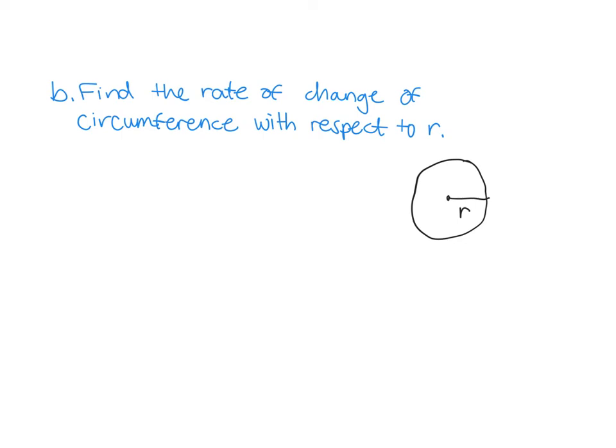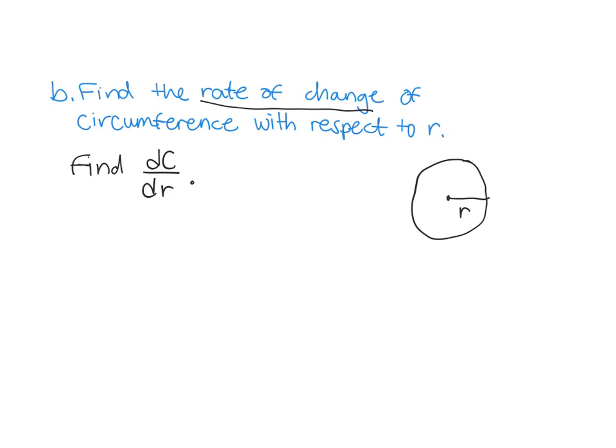Okay, so we want to find the rate of change of circumference with respect to r. So we want to find dC/dr, so the derivative of C with respect to r.